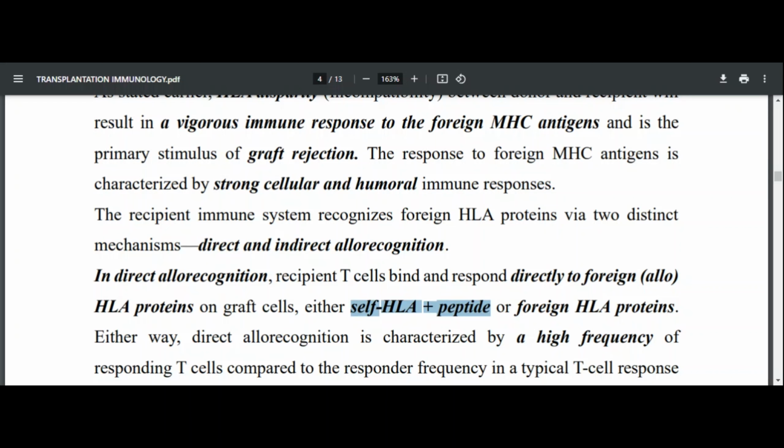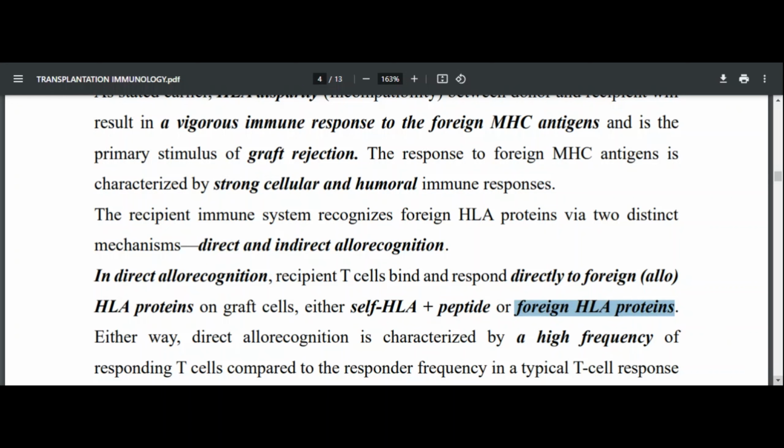That is the antigen which is going to be presented to T lymphocytes. That's what you call self HLA plus a peptide. Also, sometimes foreign HLA proteins are recognized without even presentation. That is also a way the immune system can recognize foreign proteins, especially foreign HLA proteins.